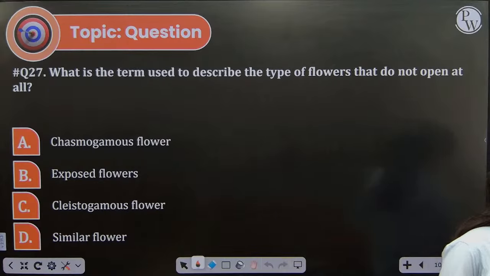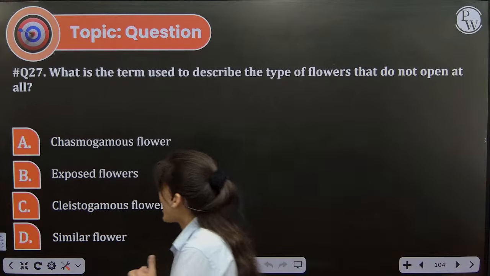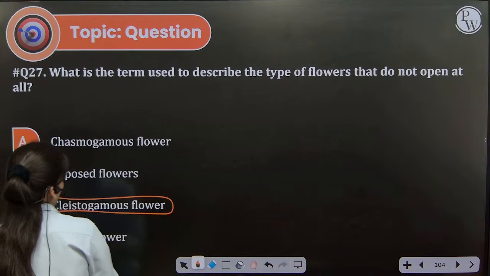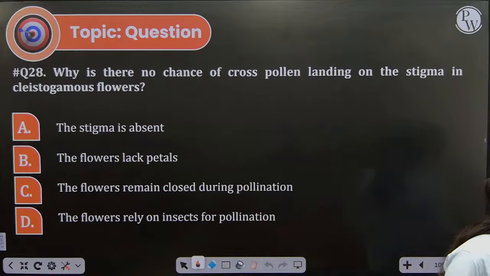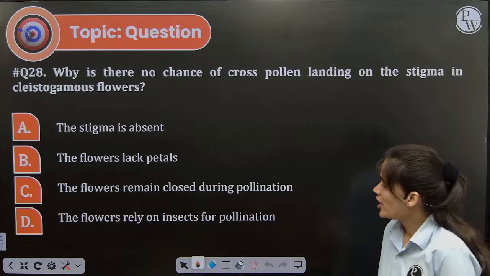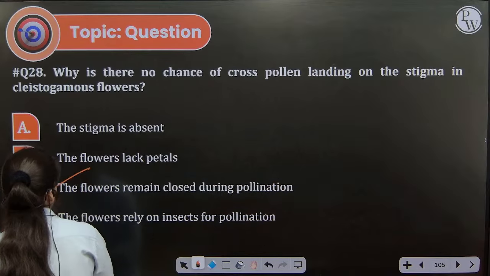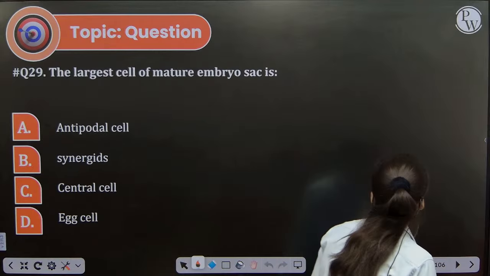What is the term used to describe the type of flower that does not open at all? These are cleistogamous flowers. Next. Why is there no chance of cross pollen landing on the stigma in a cleistogamous flower? Because the flower is closed. Next question.